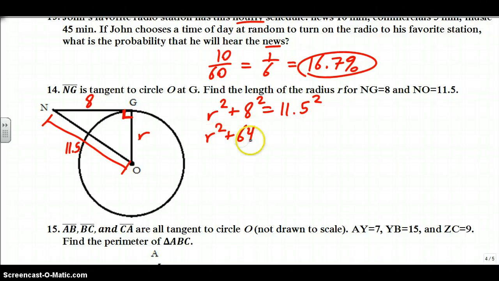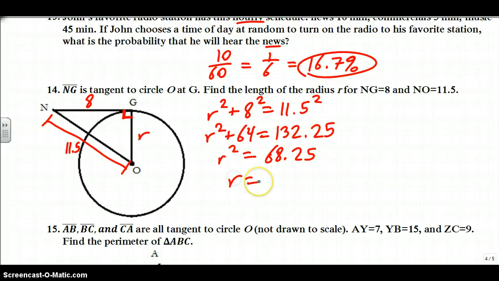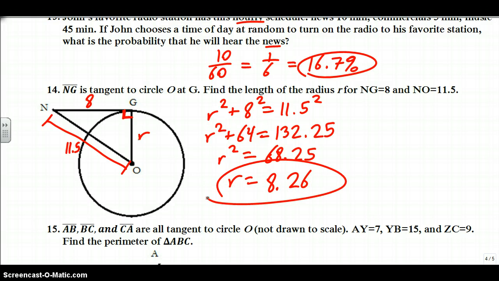Let's see, I know what 8 squared is. That's 64. I'm going to need a little help with 11.5 squared. That'll be 132.25. All right, so I have to subtract the 64 now. And I get 68.25. And then I just have to take the square root of that. Square root of 68.25 is roughly 8.26. It might be 8.3. Depends what the answer choice is, okay?